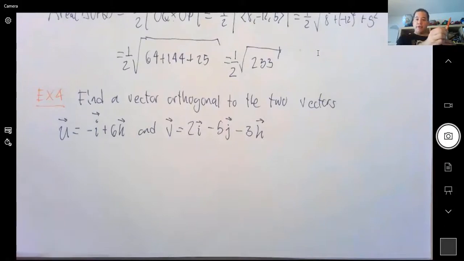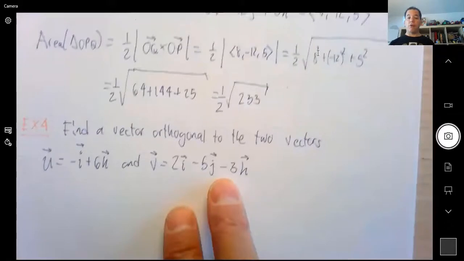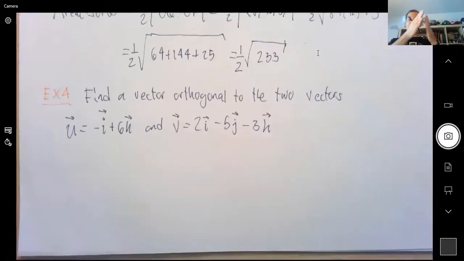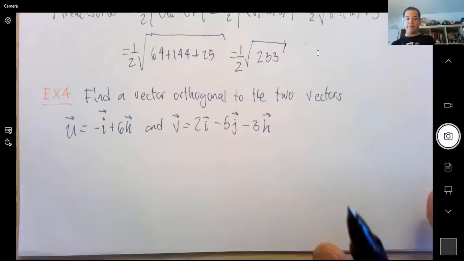So you have two vectors. One of them will be the one that points towards me right now, the other will be the one that points towards the screen, right? This one or that one, but both of them are perpendicular or orthogonal to both of the other ones. So either one of them will work. And in fact, once you find one, you can always enlarge it or shrink it, and that one will work as well.